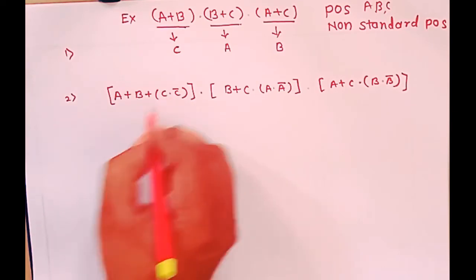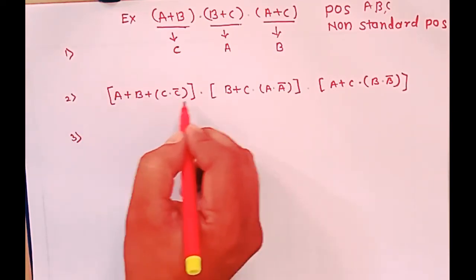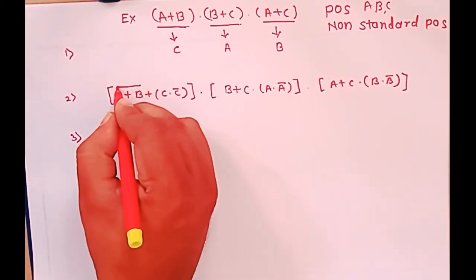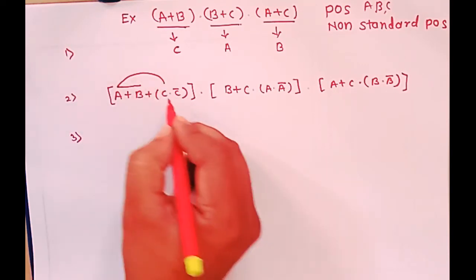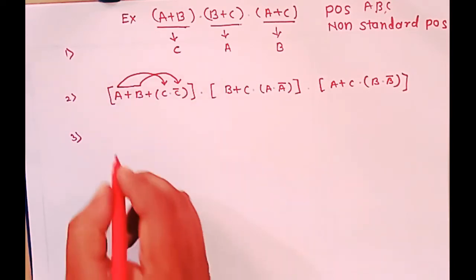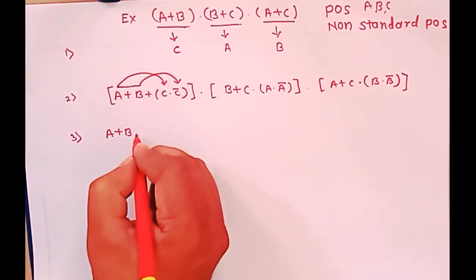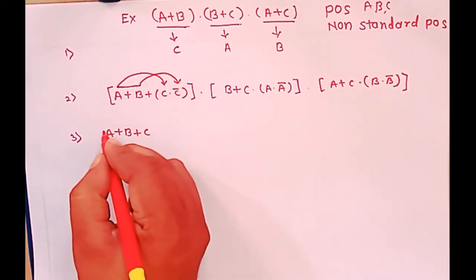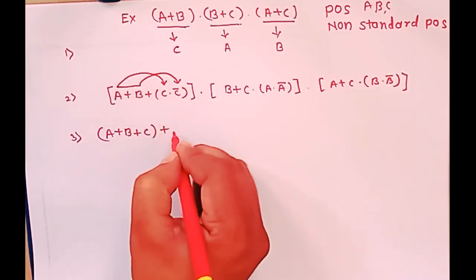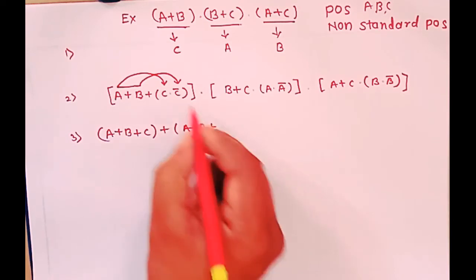Now we can write this equation by simplifying it. a plus b is added with c, or a plus b is added with c bar. So we will write a plus b plus c, this is our first term, and again a plus b plus c bar is the second term.